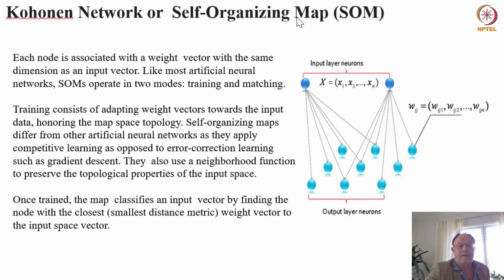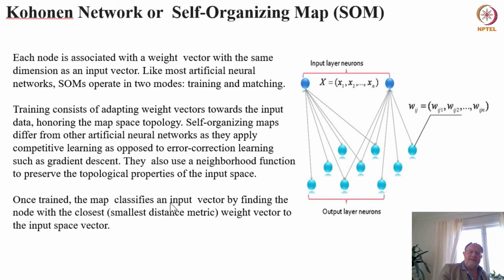In the SOM network, if one looks at the nodes in this flat space of nodes, apart from being connected to every input, each node also keeps a weight vector, with one weight for each connection, so that is built up during the training phase.